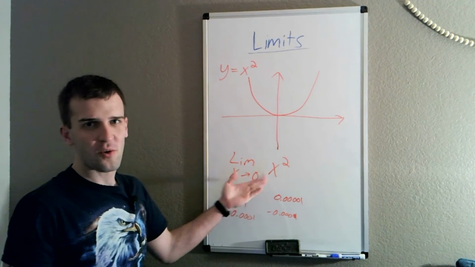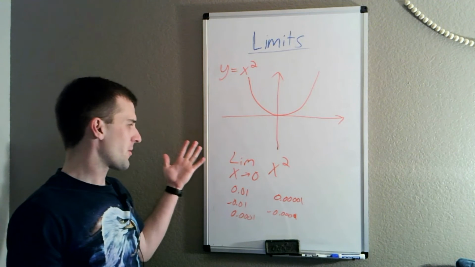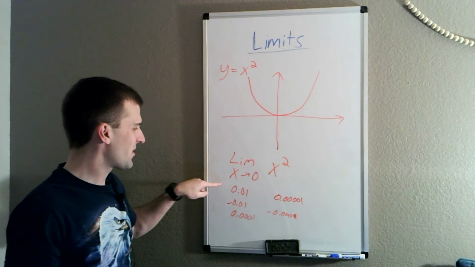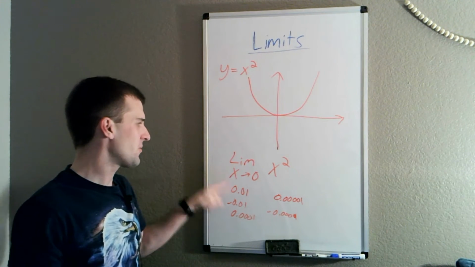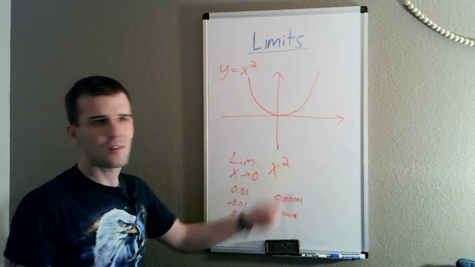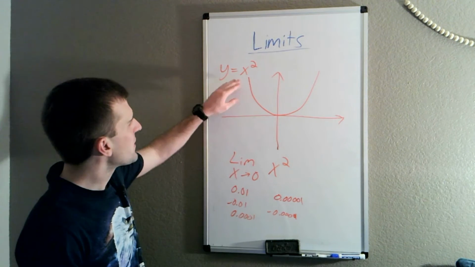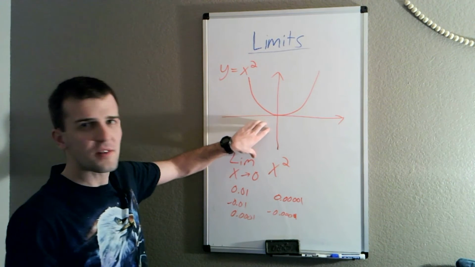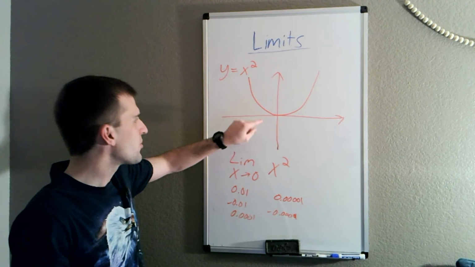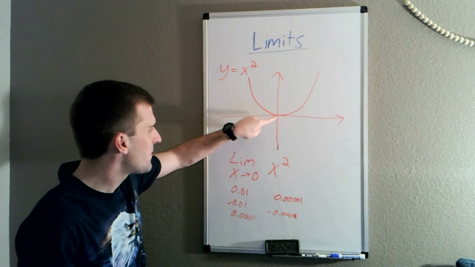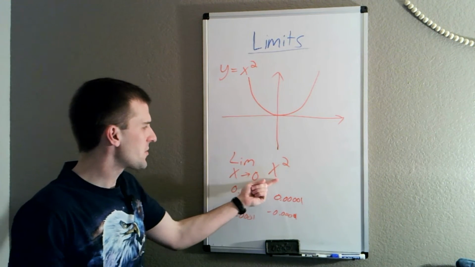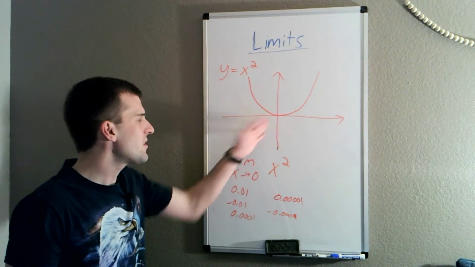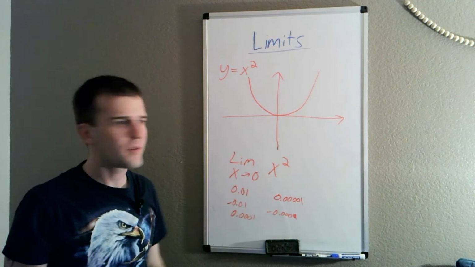I'm not going to do this a whole lot, but you could write a program and just plug in values that are closer and closer to x equals 0 and then calculate the output. But the point I want to make is, when you're considering a value with limits, you are going to look closer and closer at the points to see what values are coming out, to see that it's approaching a certain number.